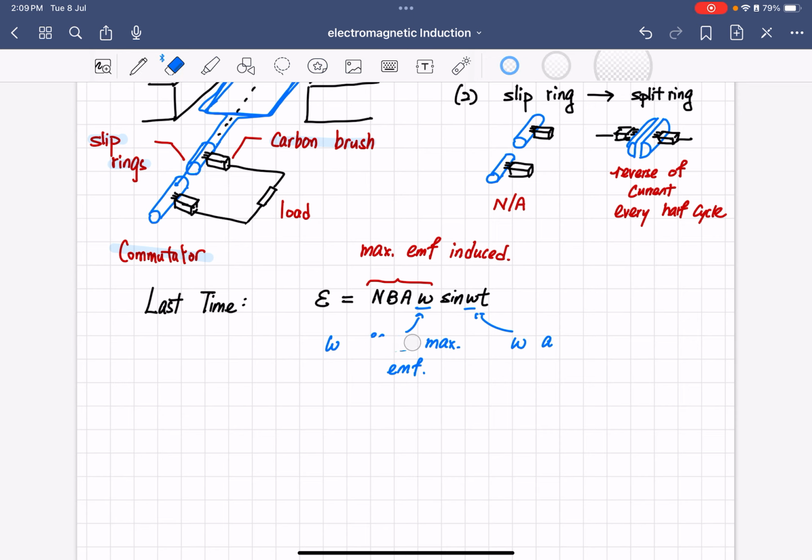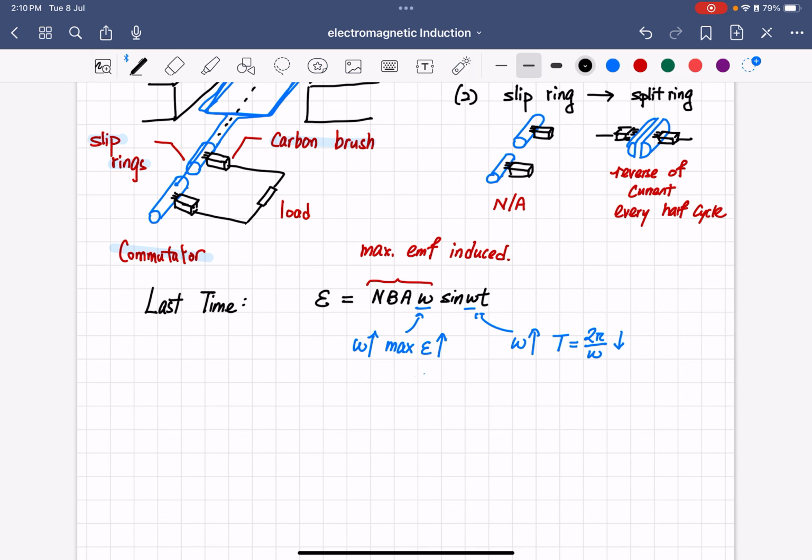So when omega increases, the maximum EMF increases. And when omega increases, it will also affect the time period, because the time period is 2 pi over omega, so it will decrease. Okay, it makes sense, because if omega is larger, that means it spins faster, so it takes a smaller amount of time to complete one cycle.